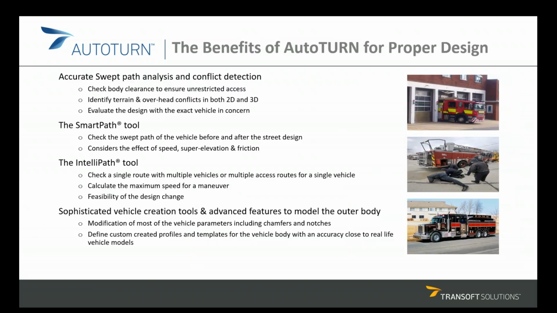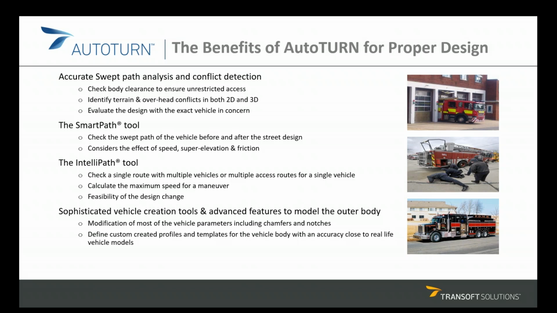So AutoTURN's 2D and 3D tools, together with the vehicle creation tools, help us model the exact vehicle and perform a comprehensive analysis for checking body clearances, ground clearances, as well as overhead conflicts in order to evaluate the feasibility of the design and also ensure unrestricted access to the site.